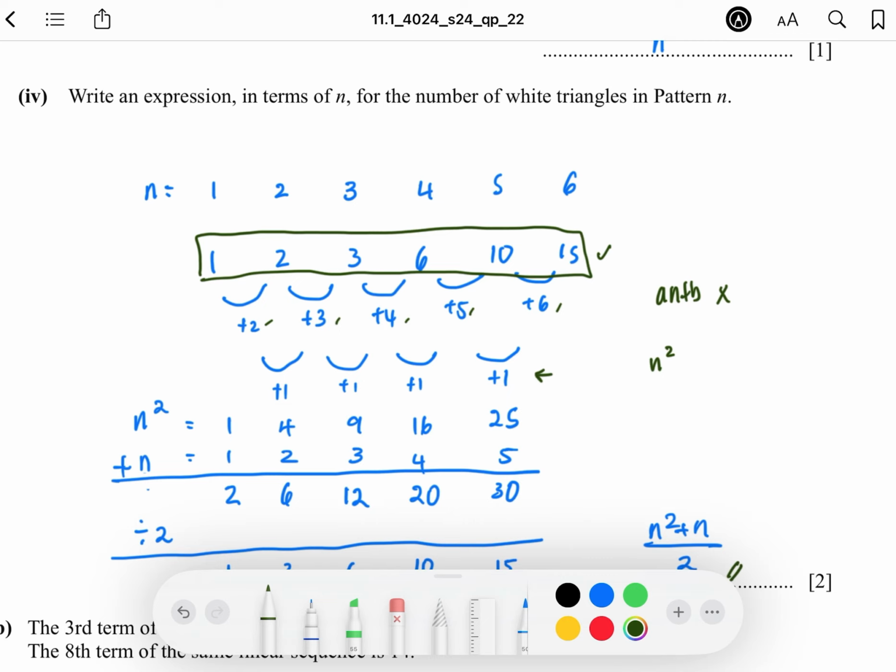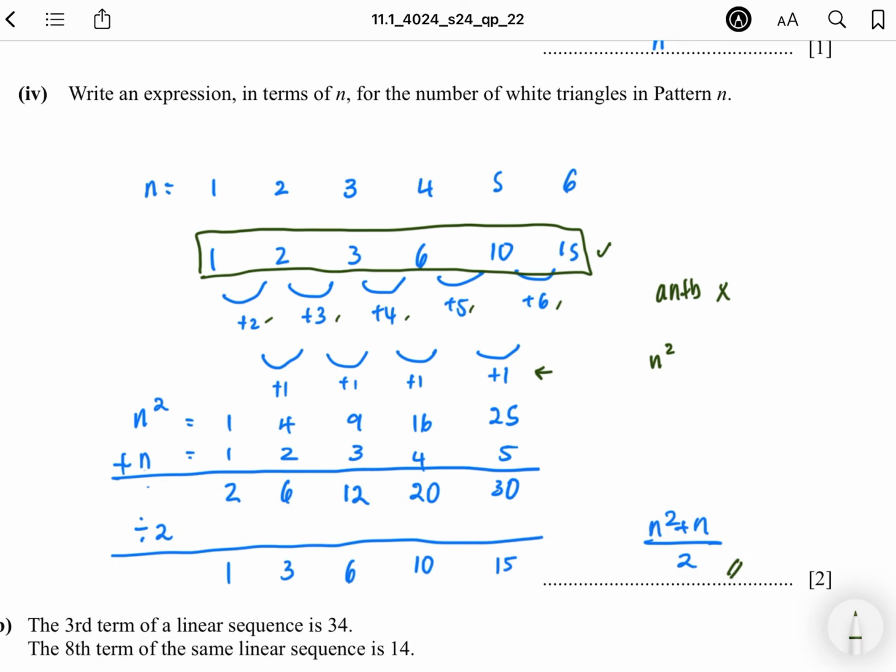So this person adds n and gets 2, 6, 12, 20, 30, which still doesn't match the original sequence. However, when this person divided each number by 2, it does equate with the original.